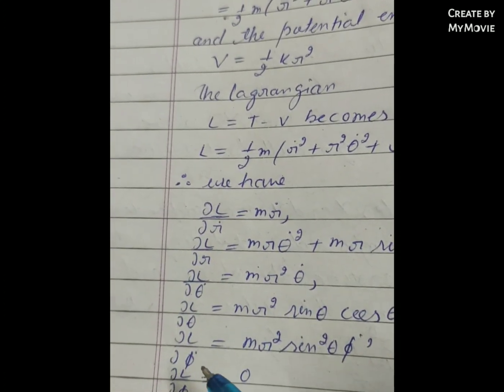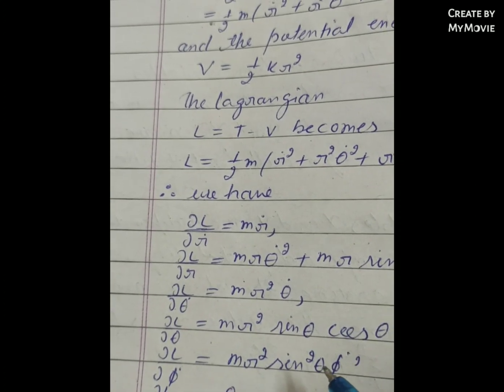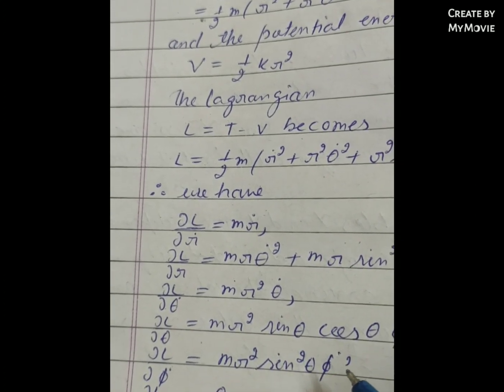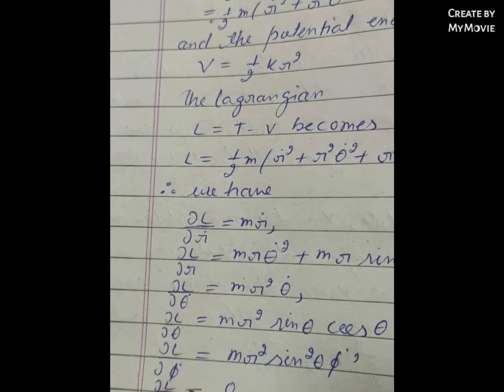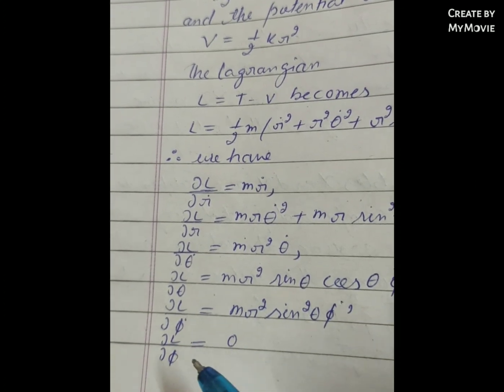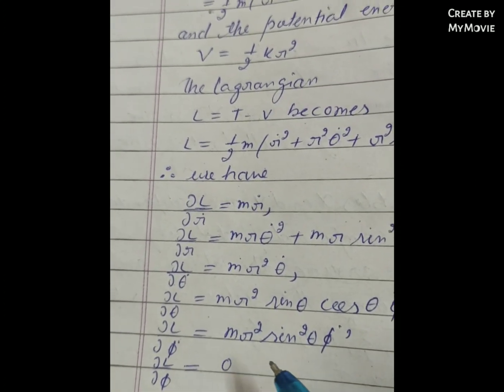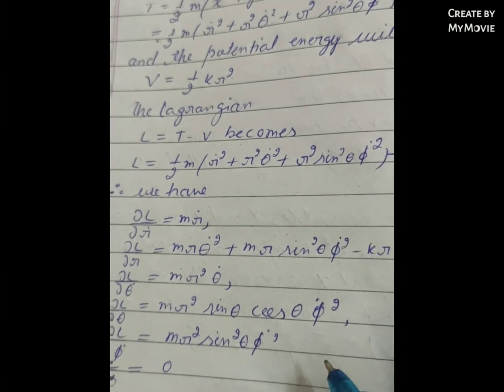Del L upon del phi dot is equal to m r squared sin squared theta phi dot, and del L upon del phi is equal to 0.